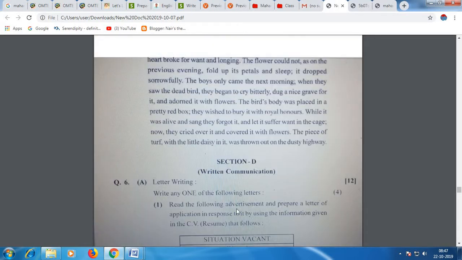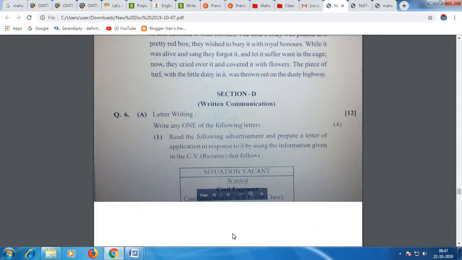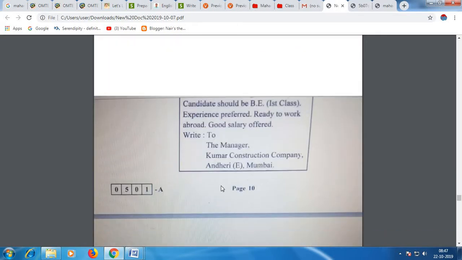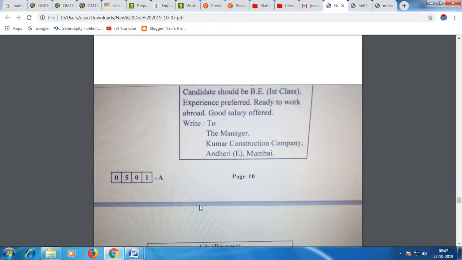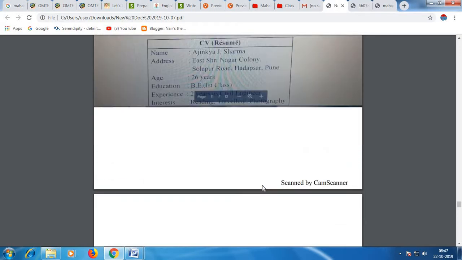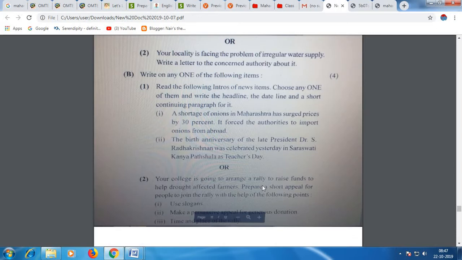Prepare a letter of application in response to it by using the information given in the CV. So this is the CV given, and using the information here we need to write a letter. We need to address this letter to the Manager, Kumar Construction Company. So it's all given in the question. The CV is also given, so we need to use the information given in the CV.